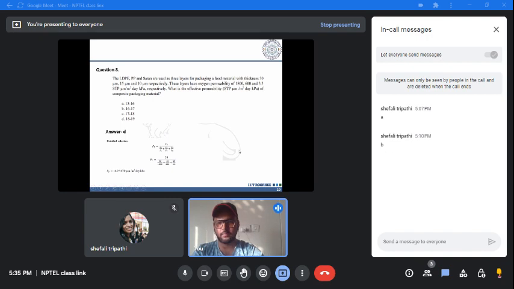You need to just put in the formula. The formula is: the effective permeability equals the total thickness upon the thickness of the first material upon its permeability, plus the thickness of the second material, the PP, upon its permeability, plus the thickness of the saran upon the permeability of that material.